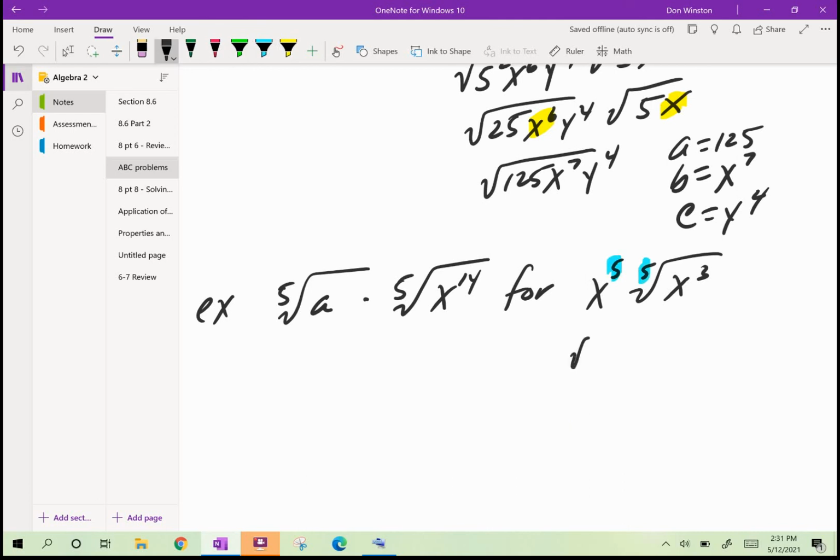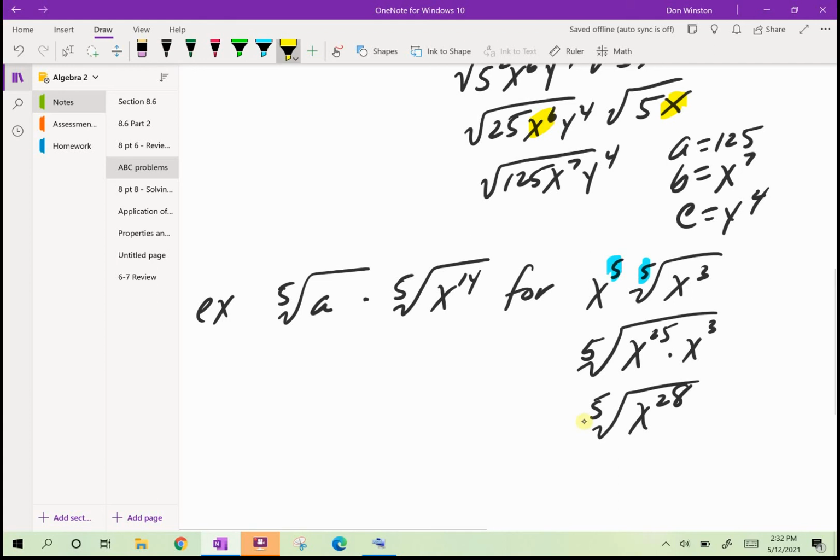So I'm working with the 5th root. And then I'll put everything in: 5 times 5 is 25, so x to the 25th, and then I have an x to the 3rd. So this would have been the 5th root of x to the 28th. So what was A then? Well, if this is x to the 14th, and here I have x to the 28th, that meant A would have had to have been x to the 14th as well.